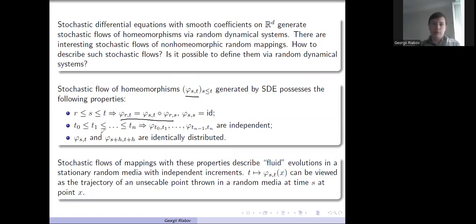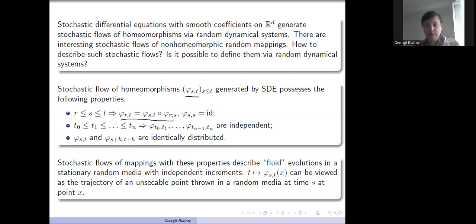Also, if we consider disjoint segments of time, like from t0 to t1, from t1 to t2, and so on, then the mappings act independently. And also the distribution of the random mapping depends only on the length of the interval on which this mapping acts.